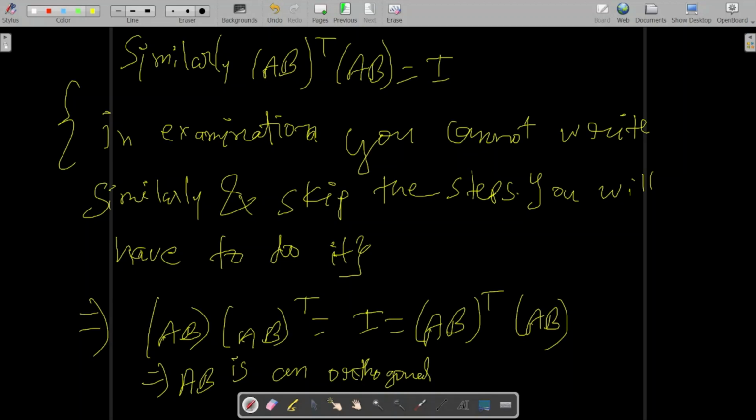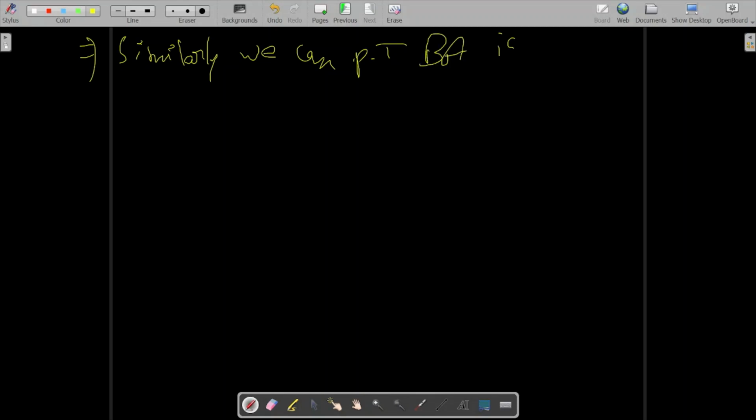Similarly we can prove that BA is an orthogonal matrix.